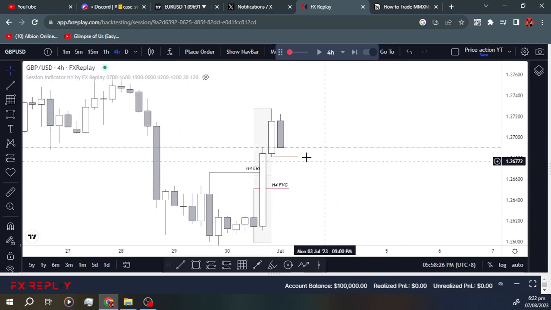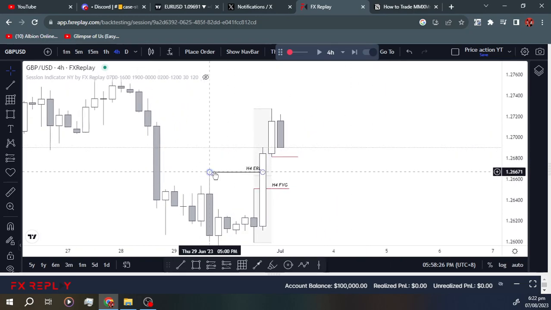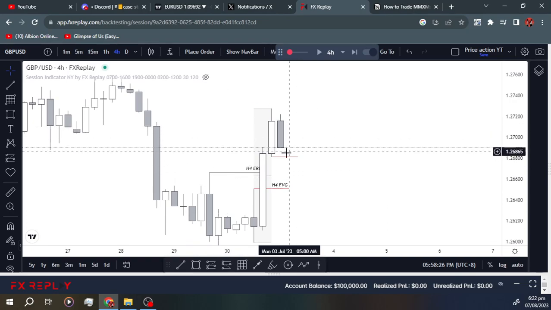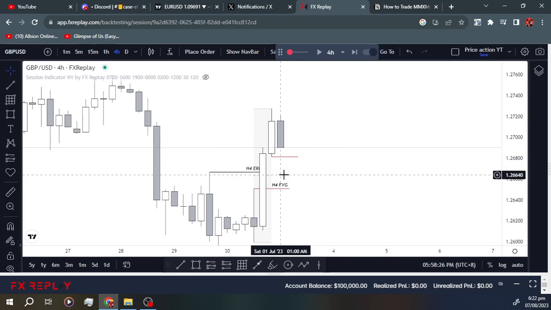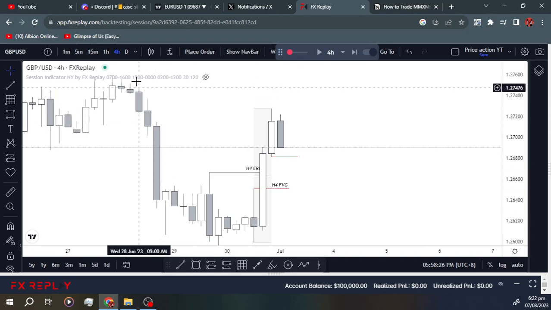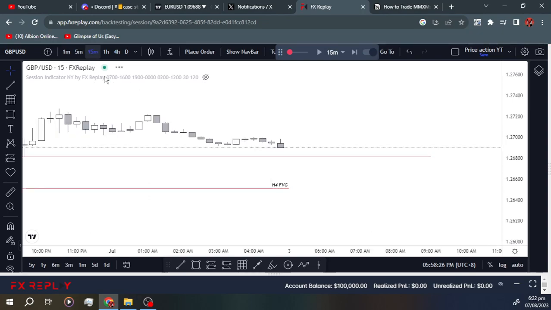What I want to see is for price, after we take out the external range, to return here, and we will drop down to M15 to see if we can execute any market maker buy model. So let's drop down to M15.